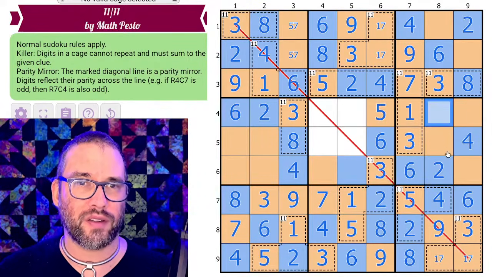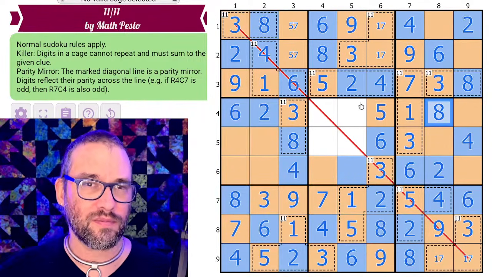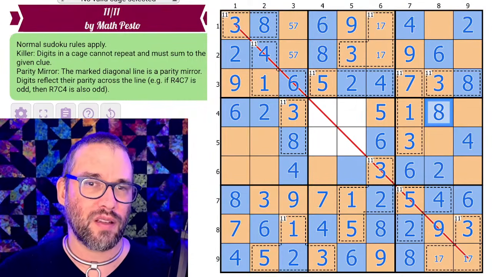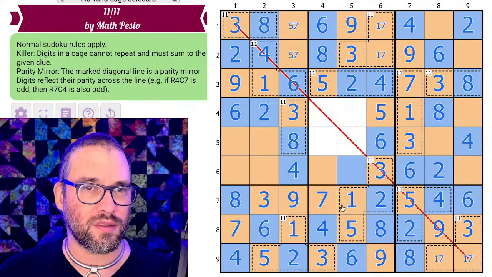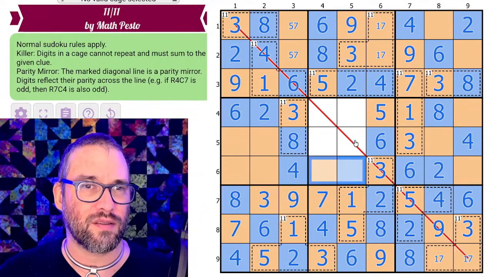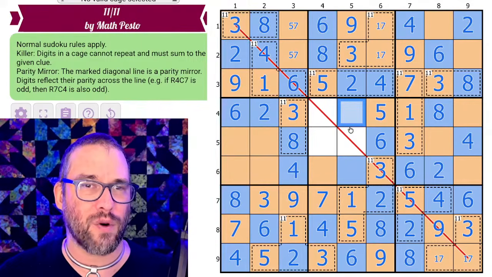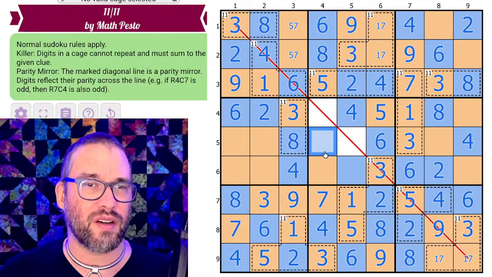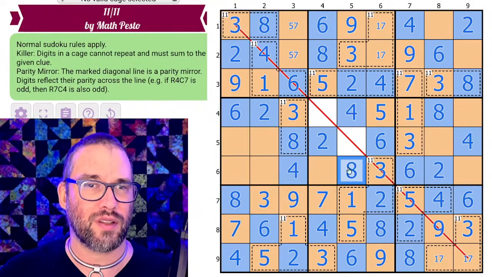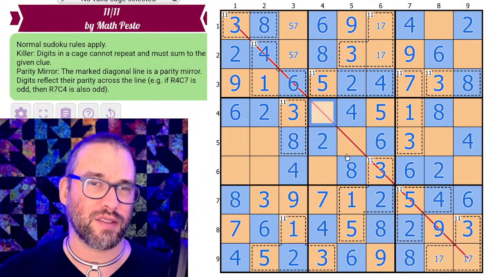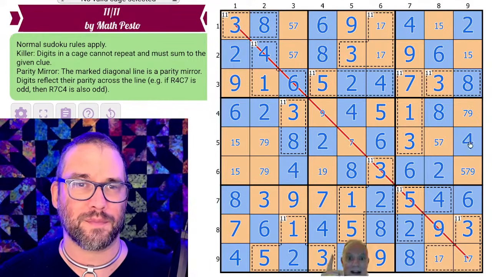Two here, 8 here. Honestly, we probably can mark. Yeah, 4 is placed here. That's a 2. That's an 8. These are odd. And yep.